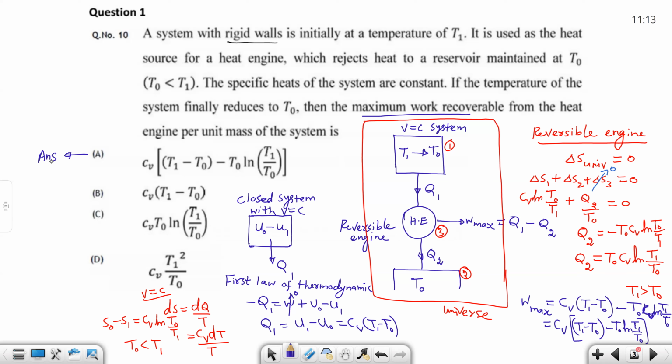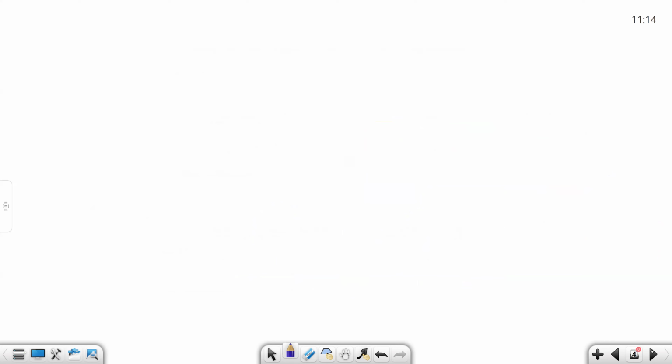So sometimes it may be asked that the heat is taken from a source at constant pressure. So heat is taken from a source, maybe T1, and it is reduced to T0 by a constant pressure process.